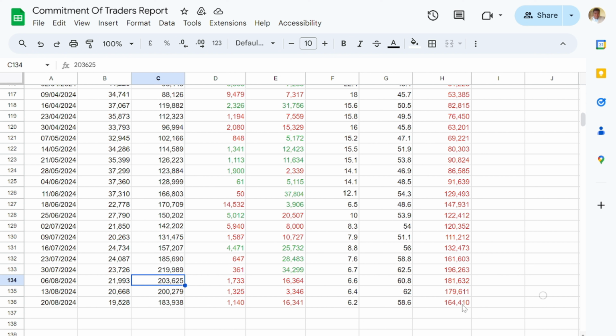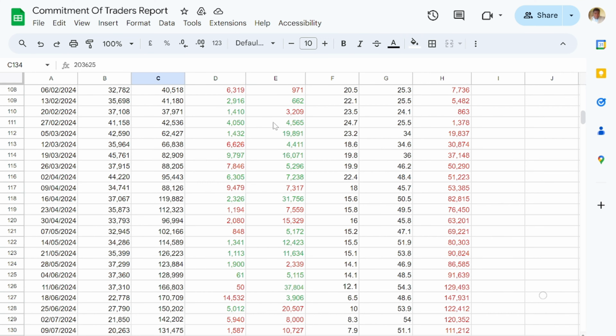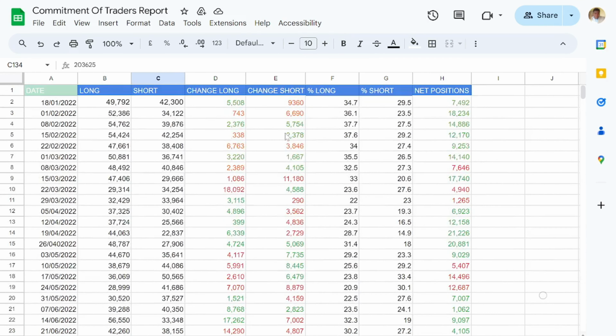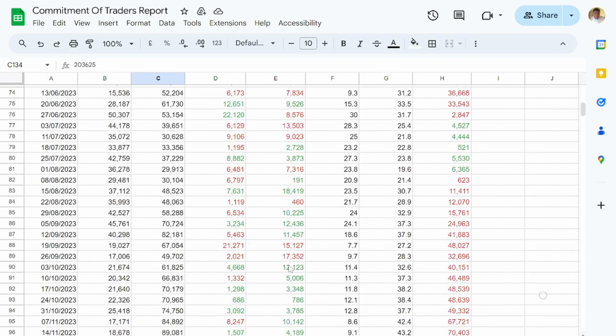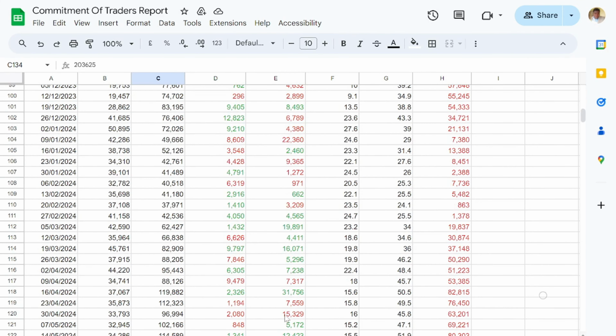What was really going on was that institutions have started closing the sells. You can see here the added buys, the added sells. When the sell side of the commitment of traders report is green, it simply means they added sells. That means they sold more.